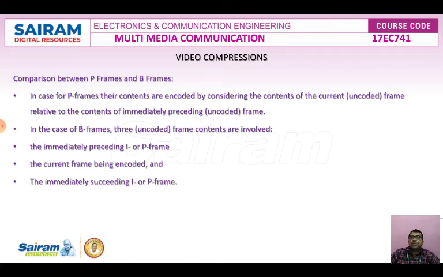If it is a B-frame, the retrieved information is first decoded, and the resulting information is then used together with the immediately preceding and succeeding I or P contents derived from the decoded frames. So in order to minimize the time required to decode each B-frame, the order of encoding, that means transmission, of the frames is changed. So the preceding and succeeding frames are available when the B-frame is received.